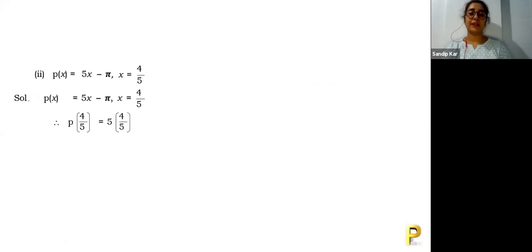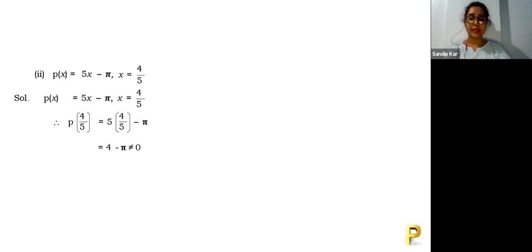Now 5 will again get cancelled in the numerator and denominator, and pi will be as it is. Okay, you don't have to put the value of pi in this case. You have to keep the pi as it is. So the 5 will get cancelled. The answer is 4 minus pi.